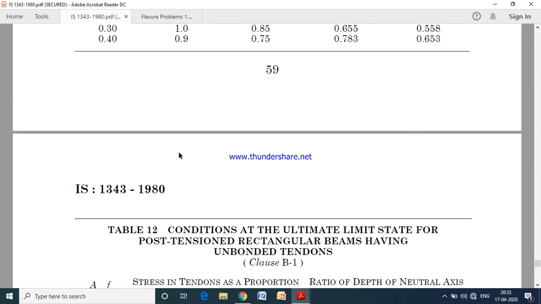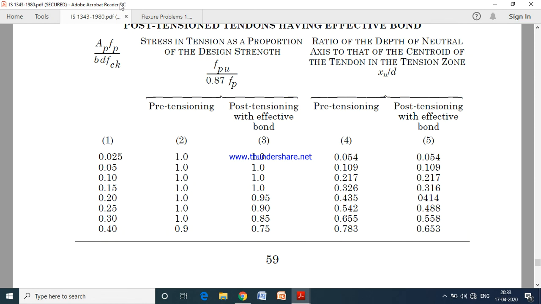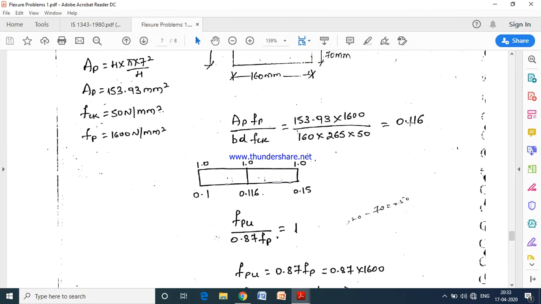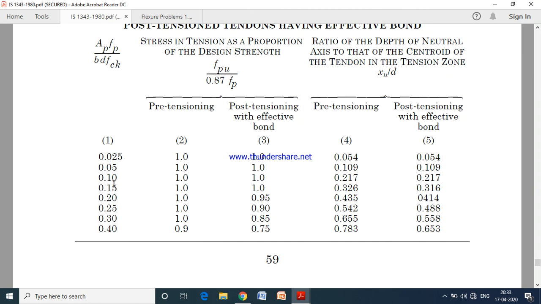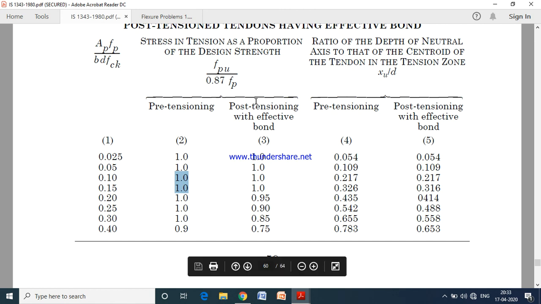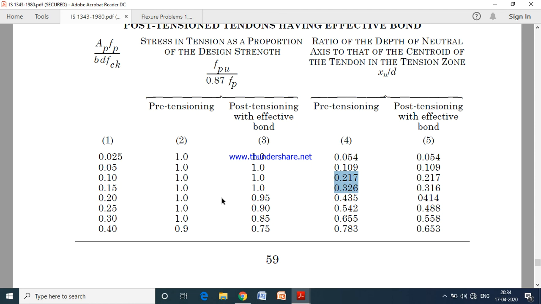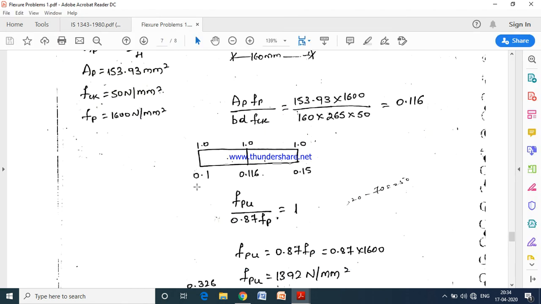Go again to Table number 11. Here the value is 0.116; 0.1 and 0.15 we have. For both we have 1, and this one we need to interpolate. For 0.1 it is 0.217 and for 0.15 it is 0.326. So we need to interpolate it for 0.116.